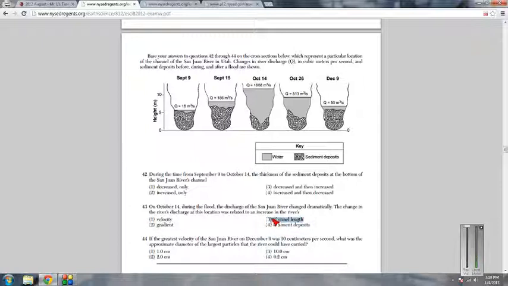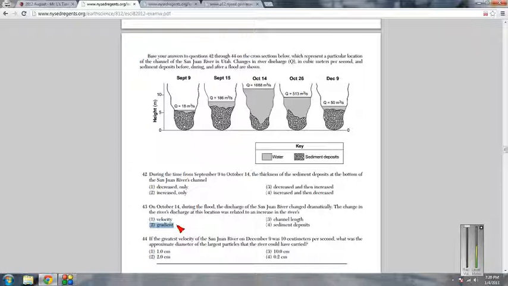Number 3 says the channel length. It doesn't really say anything about the channel length changing, and nor should it, because why would a channel get longer, right? Why would a river actually get longer or stretch out for some reason? And for the same reason, you can look at number 2 and say gradient. Okay, that's talking about how steep it is, right? So I mean, the whole river doesn't tilt or anything like that, so that can't be the right answer.